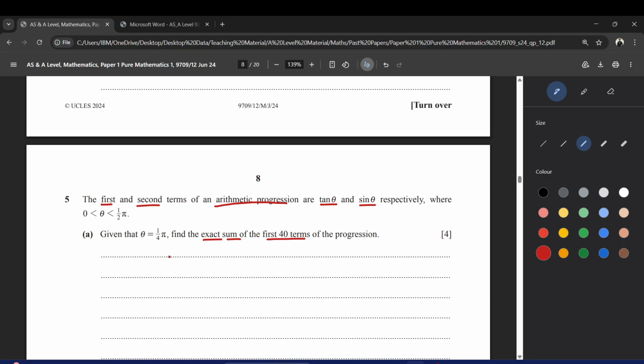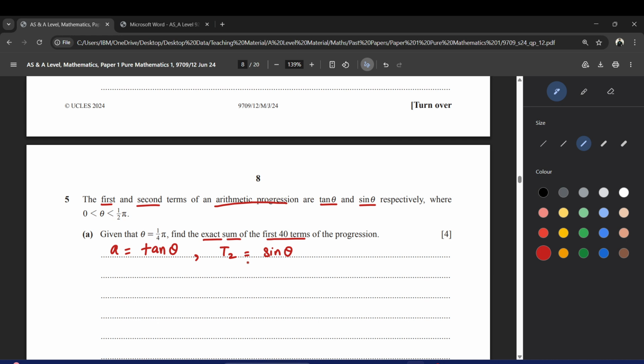Okay, first of all, what is given to us is that the first term is tan theta, and the second term is sine theta. All right, okay.